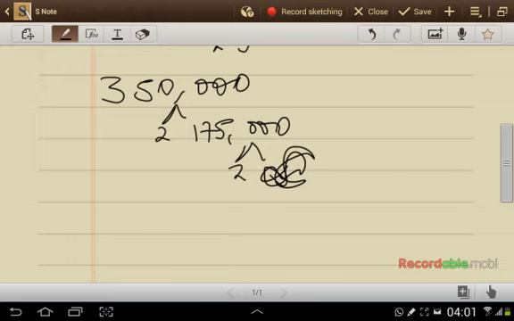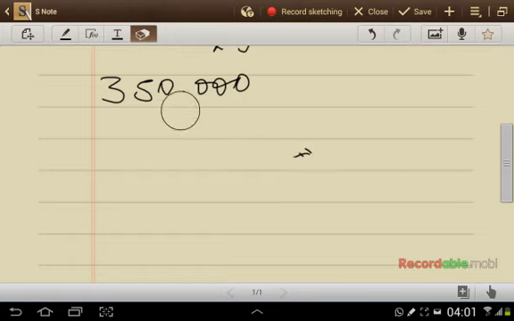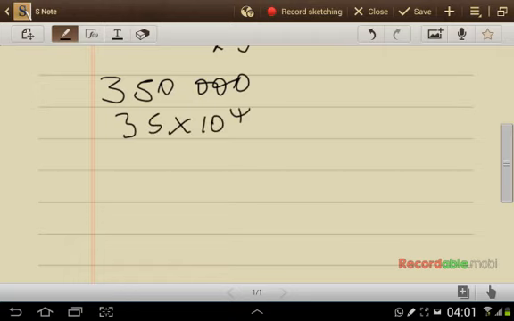You'll have to be a bit creative about it. So instead, let's write 350,000 as 35 times 10 to the power 4. Okay, and then we can write 35 as 5 times 7, times 2 times 5 to the power 4.